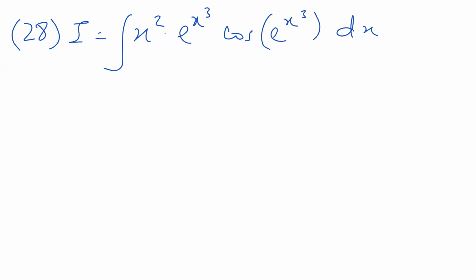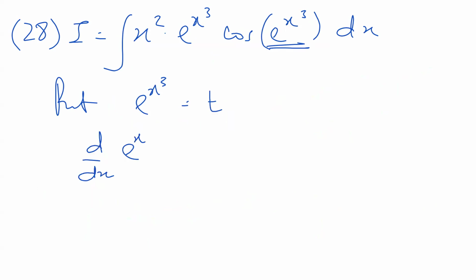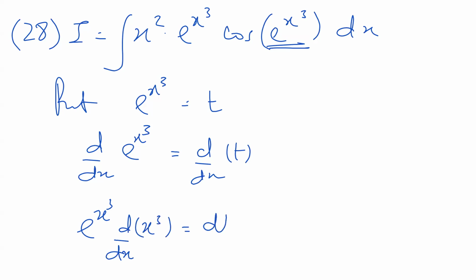Question number 28, integration of x square e raised to x cube cos e raised to x cube dx. So I'll put e raised to x cube as t. Derivative of t, e raised to x cube is e raised to x cube, d by dx of x cube, dt by dx.